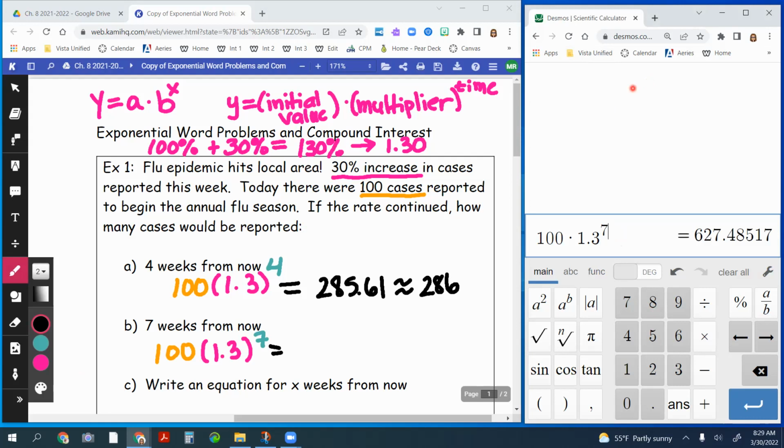And we get 627.49. So about 627 people if we keep it rounded down, or 628 if you round up.